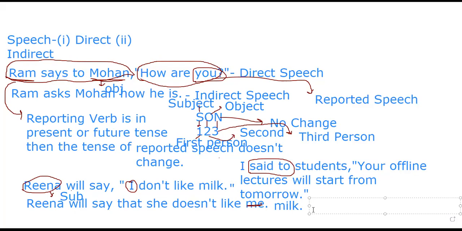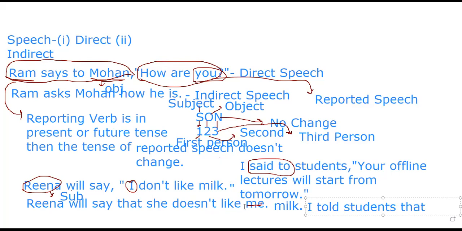I told students. Clear? Remove inverted commas and commas; if it is an affirmative, assertive, negative sentence, or any type of sentence except a question, an interrogative sentence, we generally use that.